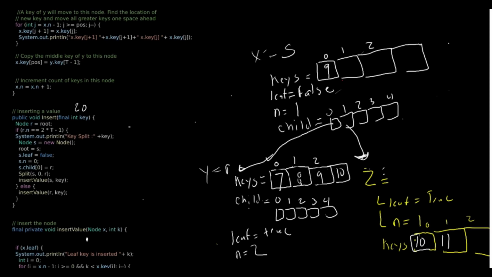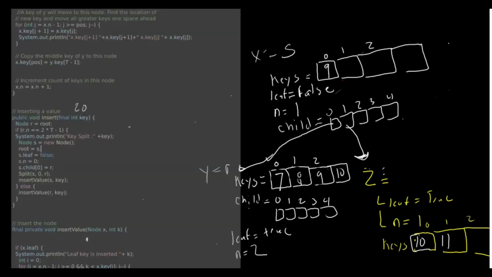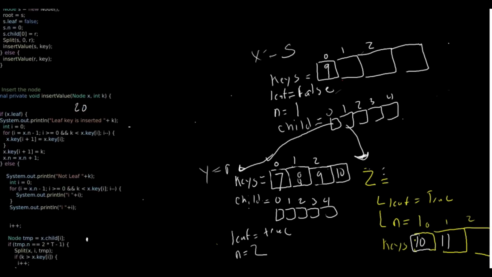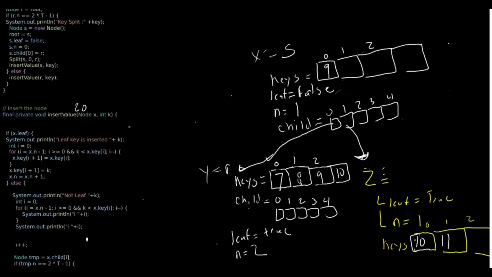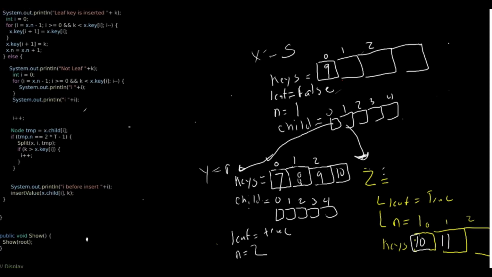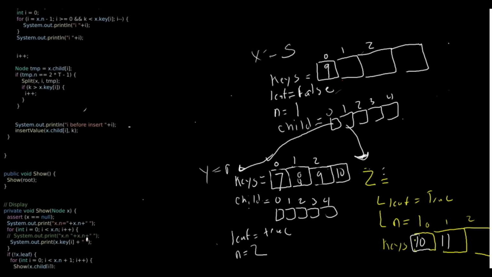And then we have 20 right over here. All right. And we just do the same process as before. We go to insert value. All right. And then in insert value, we insert 20.